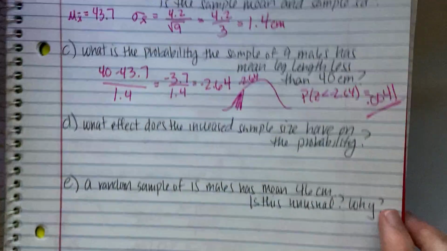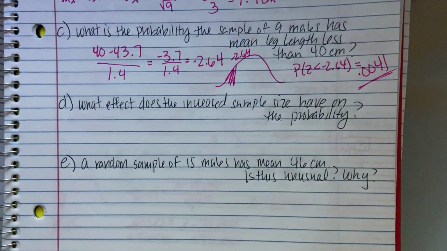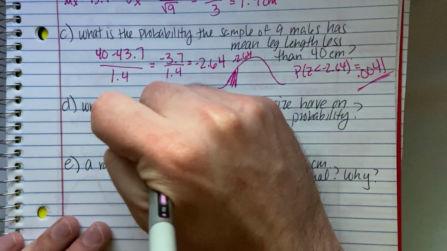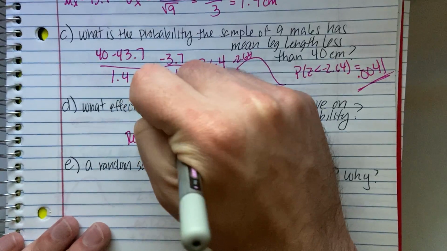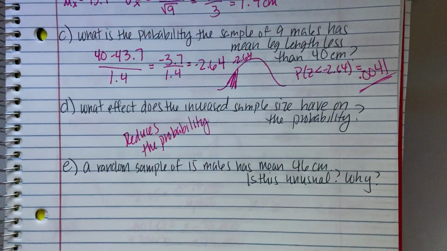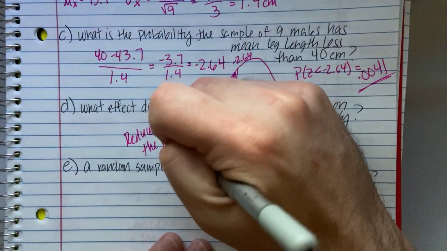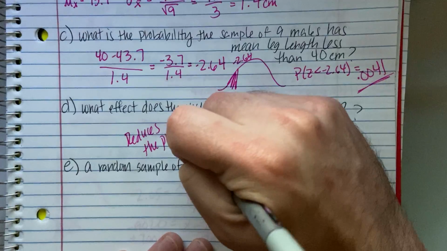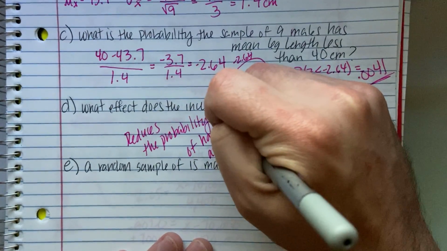So what did the sample size increase actually do? It reduces the probability. I mean, that's it. It just reduces the probability of having an outlier as an average.